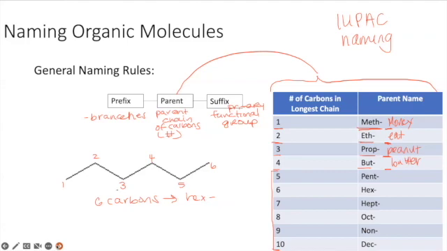For us, it's hex. And then I want to end in my functional group. Alkanes have the suffix ane. So this molecule is hexane.